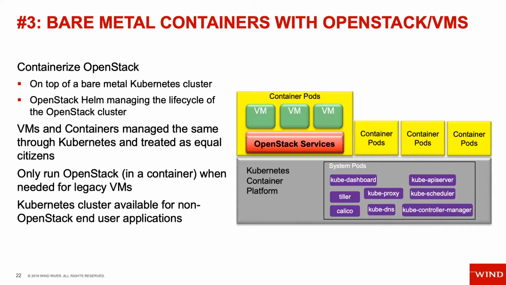You don't have to rewrite the applications, and you deploy OpenStack in containers. So this would be on top of a bare metal Kubernetes cluster. The VMs and the containers are managed the same way, right? So you use Kubernetes rather than OpenStack to manage the VMs, and they're deployed in containers.